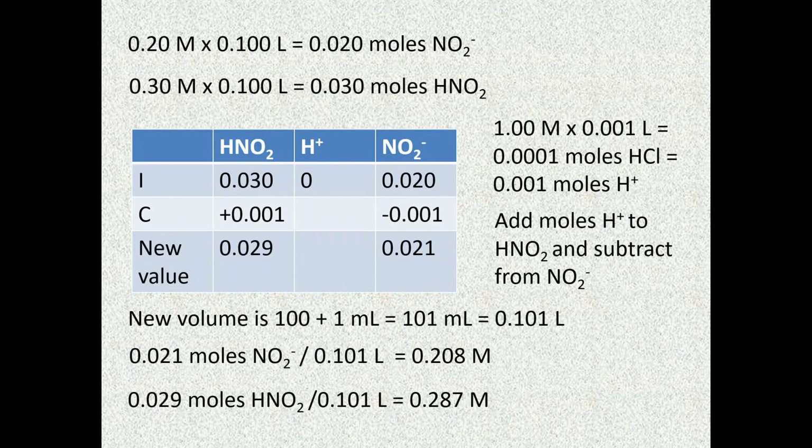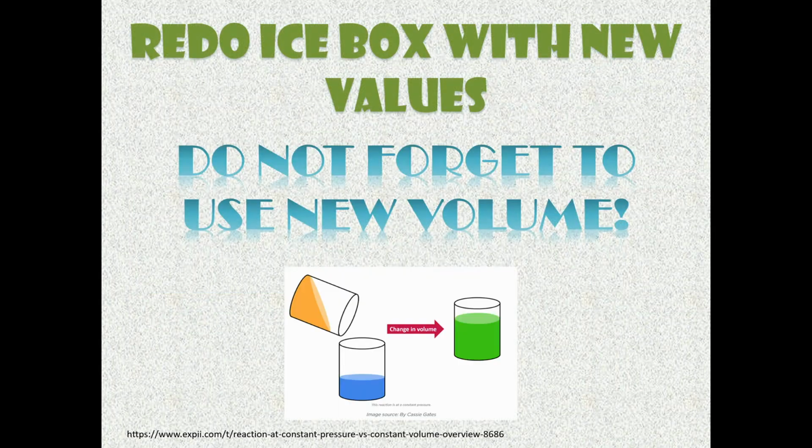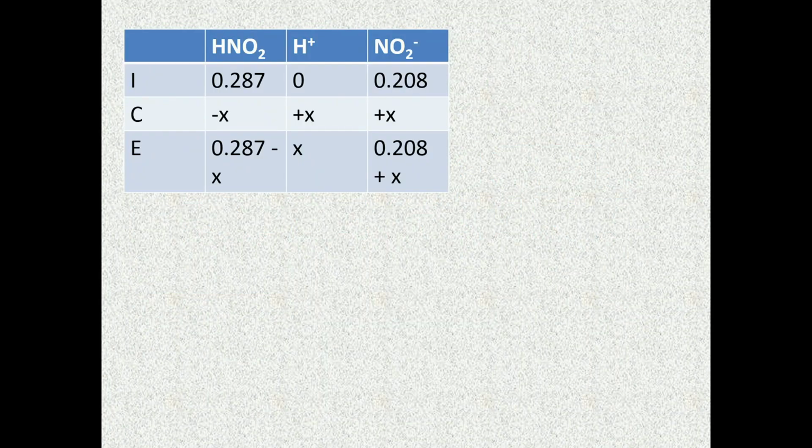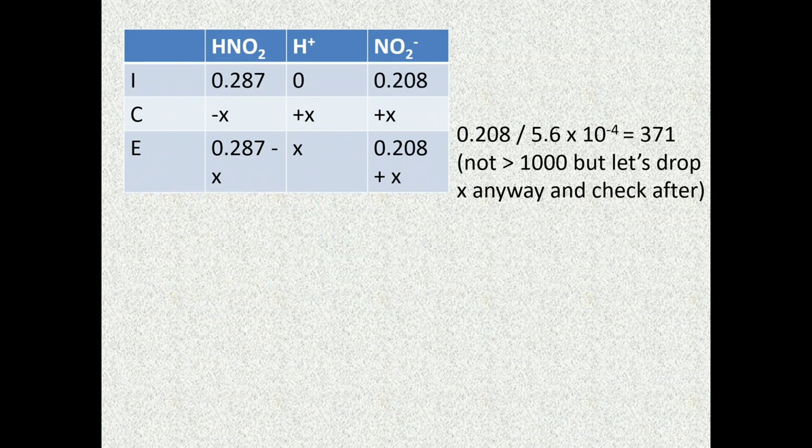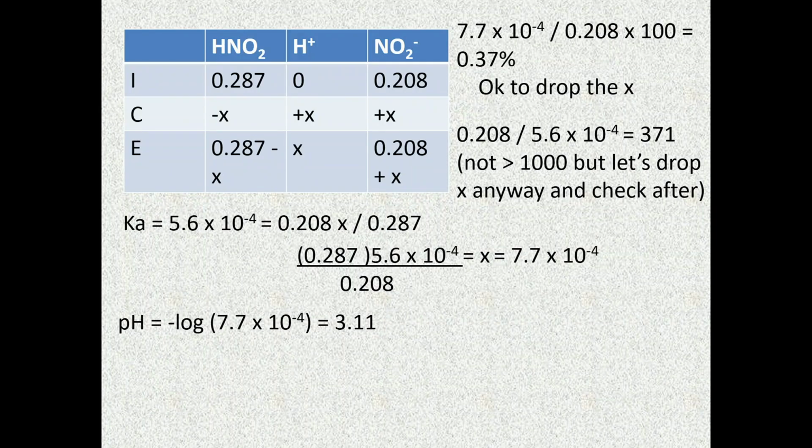Okay, so these were the volumes that I had, 0.101 liters again, new values, removing or adding the amount I've added, and new things in the icebox. And I've added base, so my pH should go up from 3.06, and my pH went up to 3.11. A little bit bigger of a difference than adding the acid was, but they both round to 3.1. Not that big a difference.